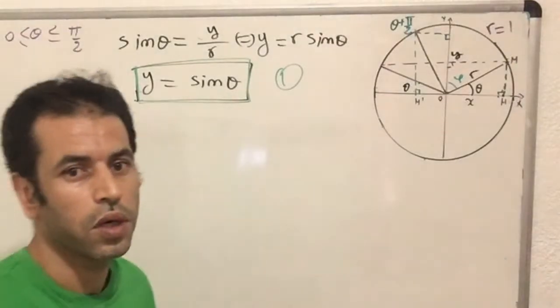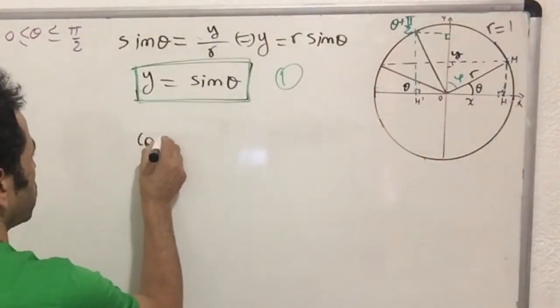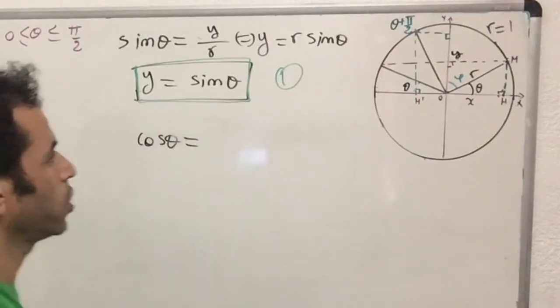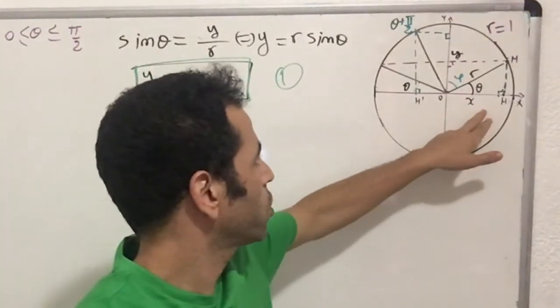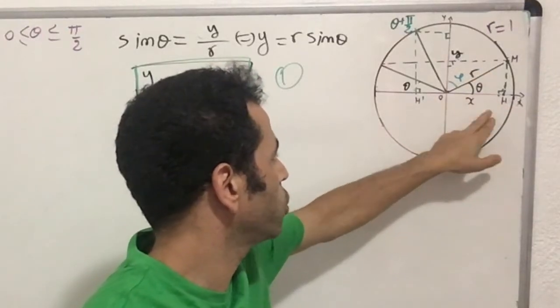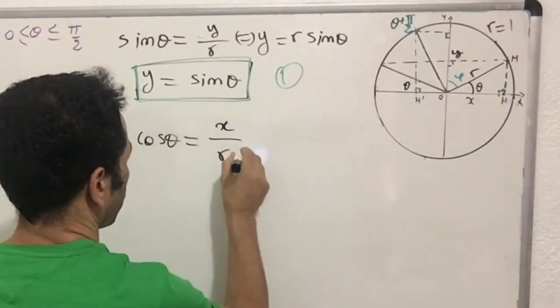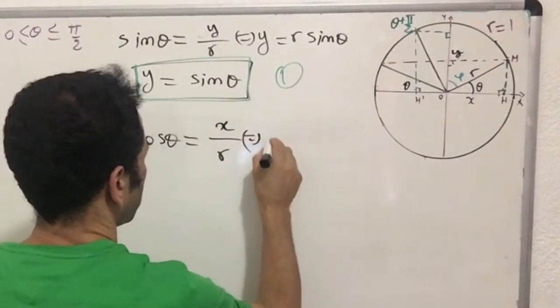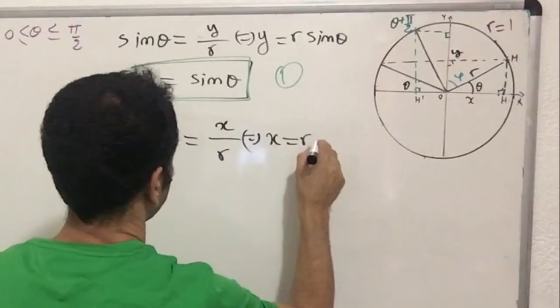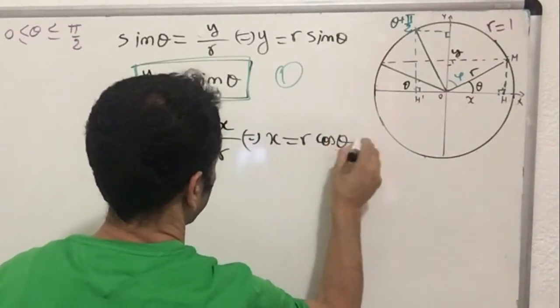Let's move on to calculate cosine theta. Cosine theta, as you see here, is adjacent over hypotenuse. Adjacent is x, which is OH, over r, okay? So x over r, x equals r multiplied by cosine theta.